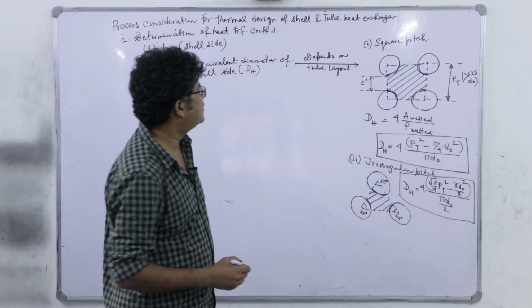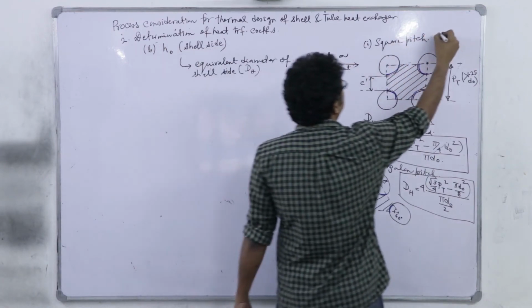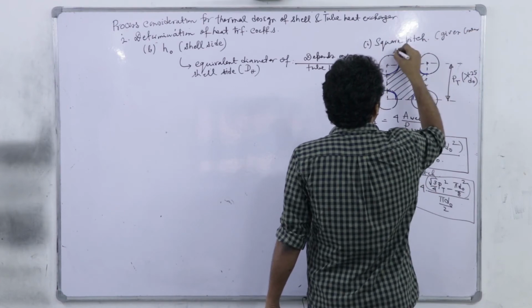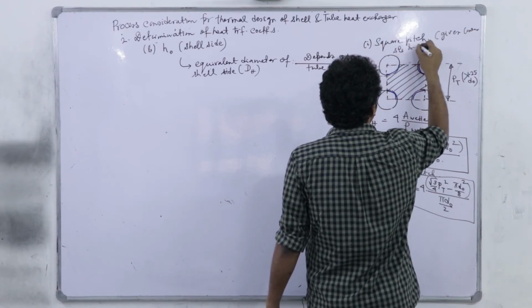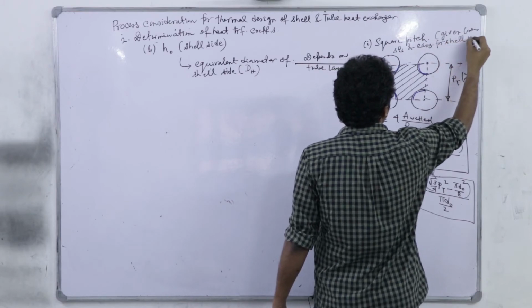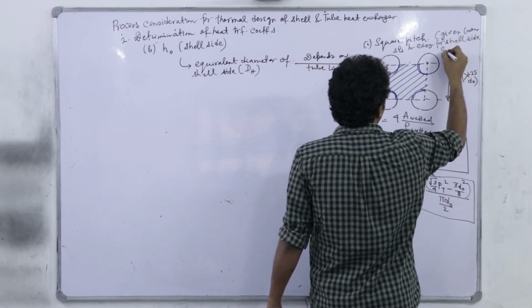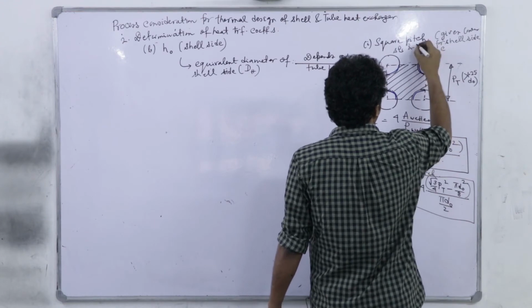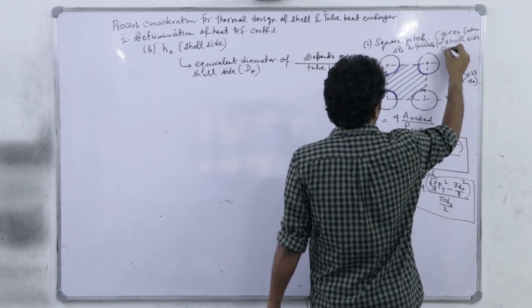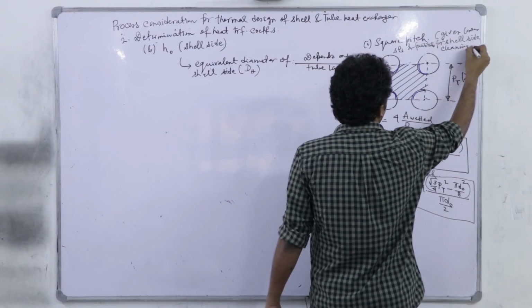Now, as we have mentioned, the square pitch gives lower delta PS and facilitates shell side cleaning, right?